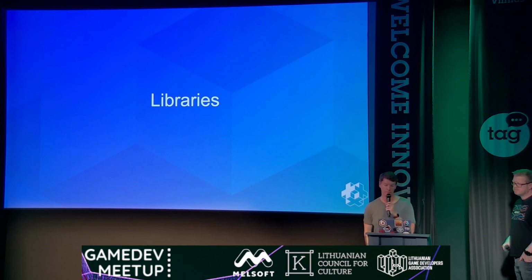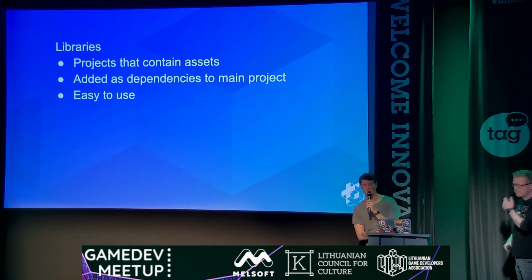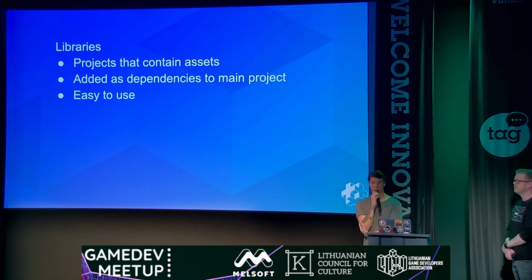Yeah, and then let's go into libraries. I guess this is common for most game engines, but speaking in terms of collaboration, we want people to share their work and not reinvent the wheel more than once.